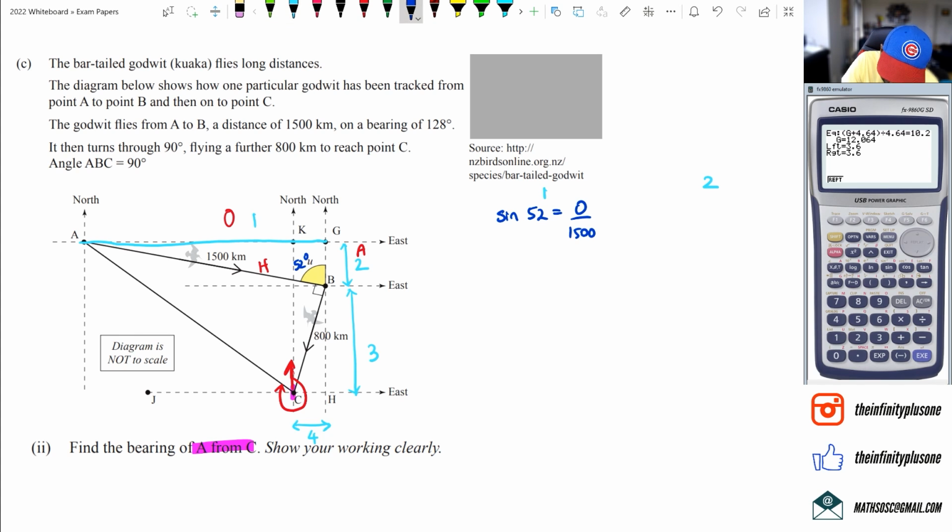Part 2 is going to be cos, because it's adjacent. Cos of 52 is adjacent over 1500. So I hope you guys can see that. This is part 1.